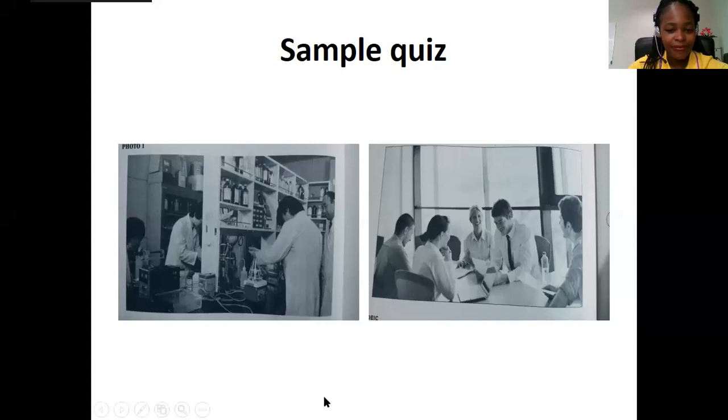D. The shelves are empty. Photo 2. A. They're washing the bottle. B. They're buying a computer. C. They're having a business meeting. D. They're eating dinner.